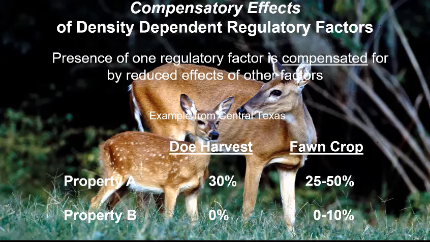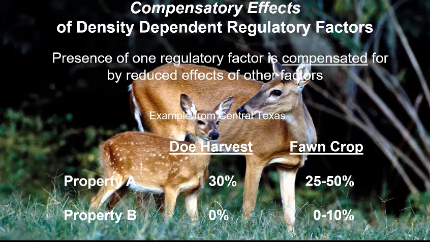Now, there's a really interesting consideration called compensatory effects of density-dependent regulatory factors. I've been talking about density-dependent regulatory factors, how nutrition, and haven't really talked much about disease, but density increasing decreases the health of the deer population, increases mortality, and decreases reproductive success.